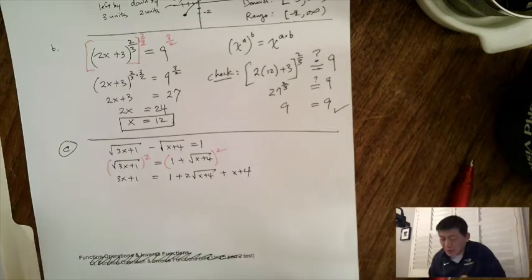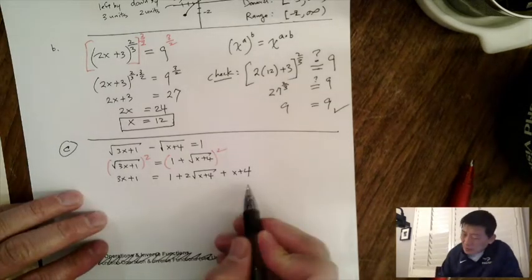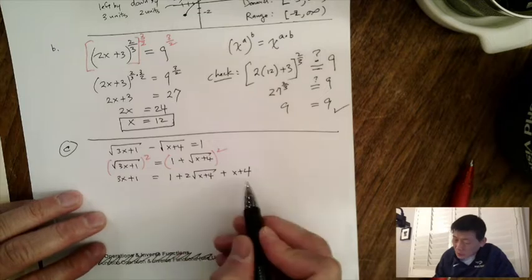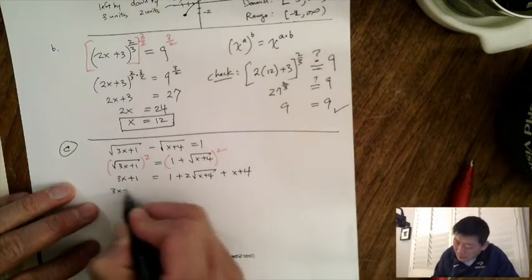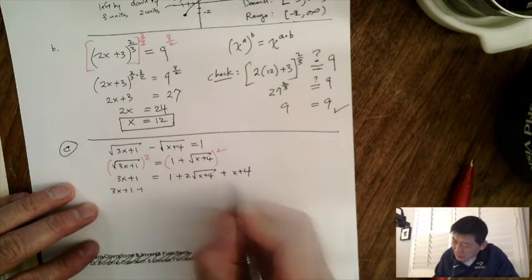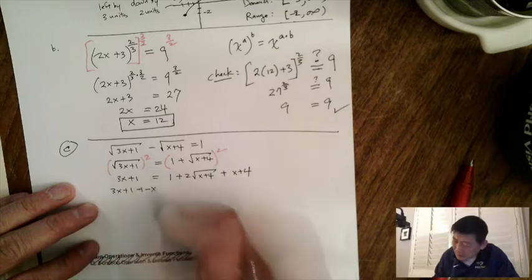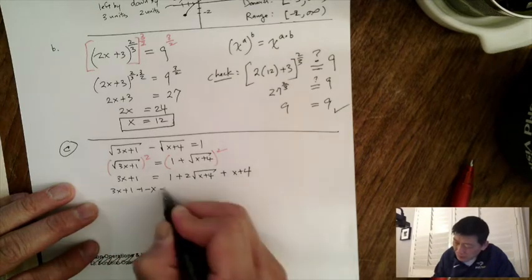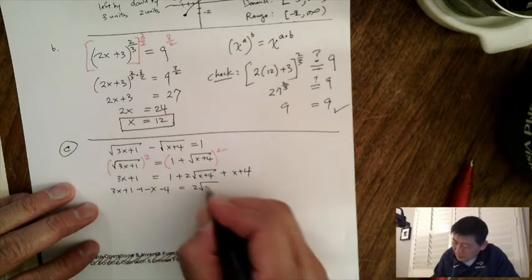Now I can simplify this by moving all the non-square-root terms over here. So I will end up with 3x plus 1, and then I'll bring the 1 over, minus 1, bring the x over, minus x, bring the 4 over, minus 4, and that is equal to 2 square root of x plus 4.